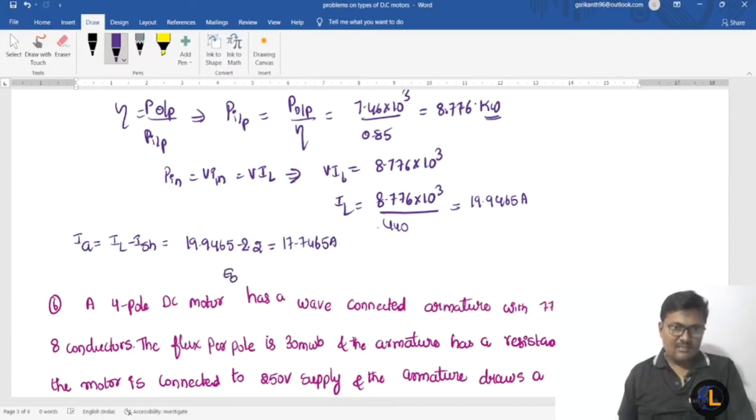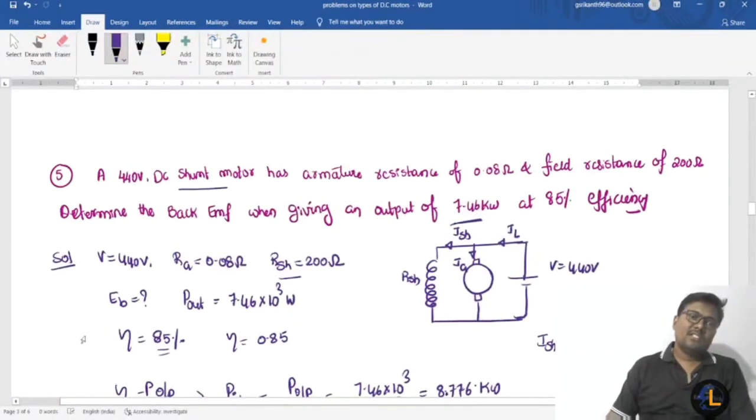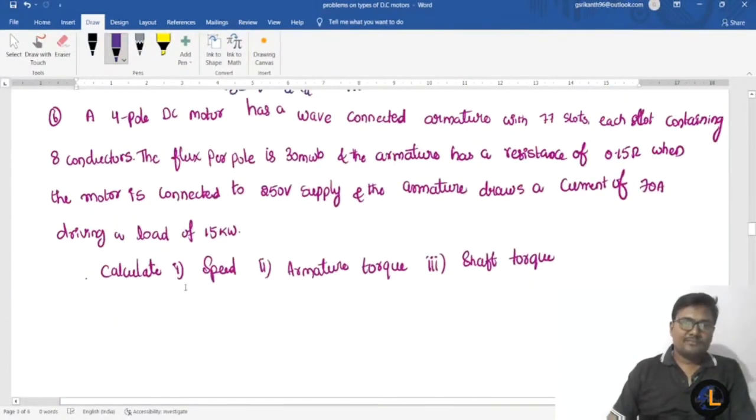Then finally E_B is equal to V minus I_A R_A: 440 minus 17.7465 into 0.08, which is equal to 438.58 volts. And these are the different types of problems.